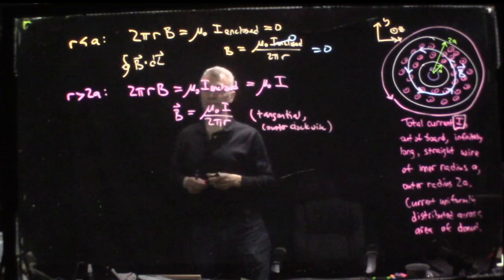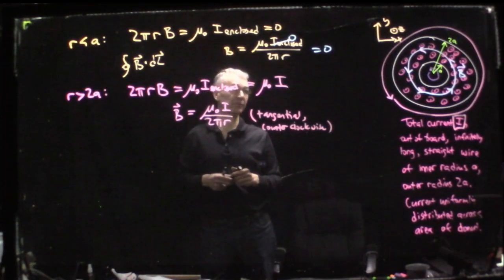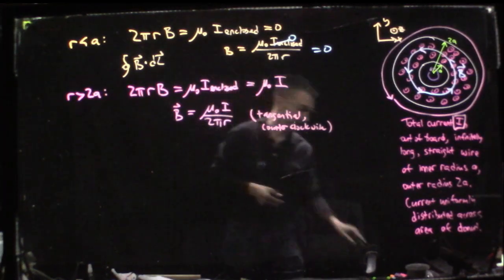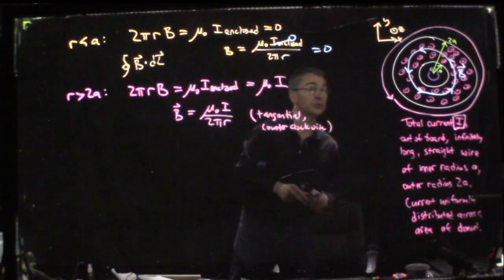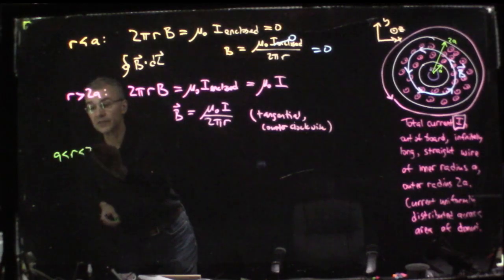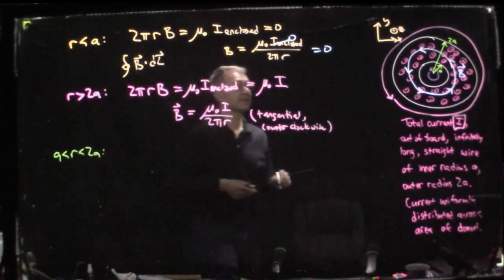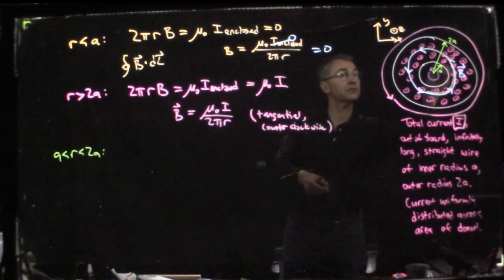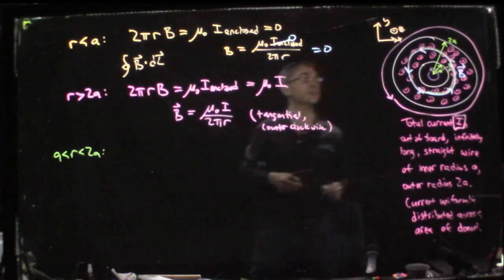Okay. That's fine. So the tricky part is for r between a and 2a. If we do a is less than r is less than 2a, then the trick is, so here let's just go along this one field line here. We'll call this radius r.